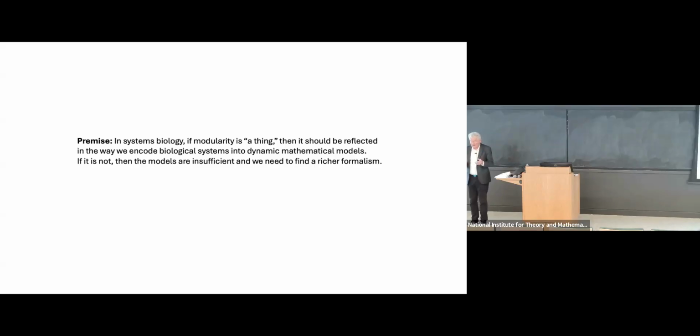In other words, can I take the limit cycles or fixed points of a Boolean network and somehow write them in terms of the limit cycles of what we would call the modules. That was what we were after. Now, if you think about dynamics, one of the key features that drives dynamics is feedback loops.